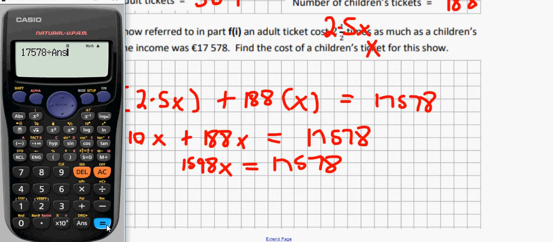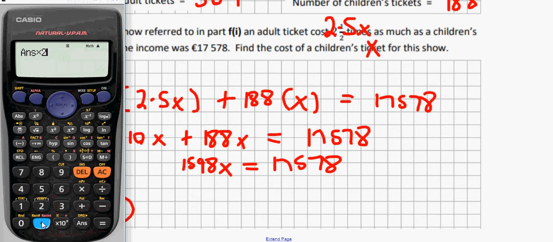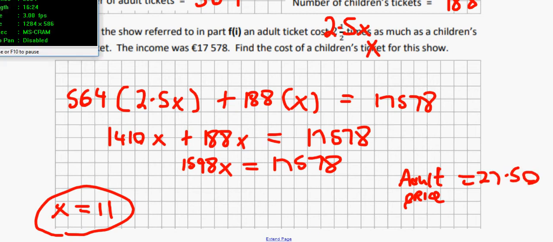So this means that your children's ticket costs 11. X equals 11. So the children's ticket costs 11. 2.5 times that would be your adult's ticket, which will cost 27.5. So the adult price would be €27.50. Difficult question. Like those questions.